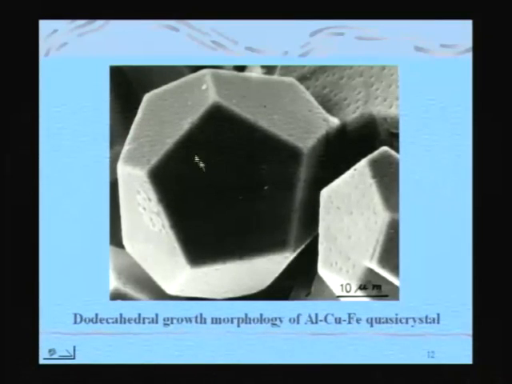So this clearly tells you that the internal symmetry of a material is many times reflected in the outside geometry of the material. That is why when people tried to look at sodium chloride crystals, that is when people started talking about the crystal structure. In fact, in those days people thought that the external shape is the same as the crystal structure.